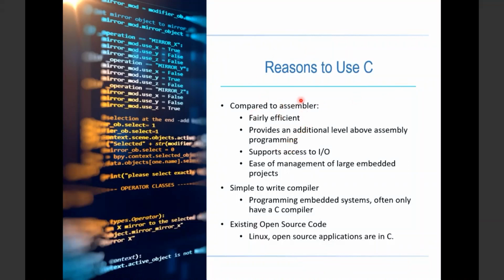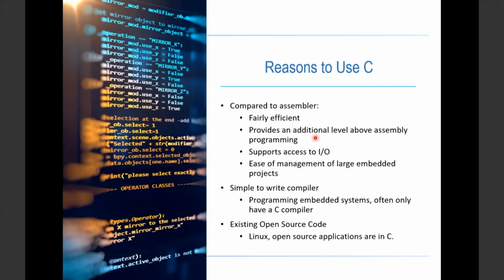Compared to assembler, it's fairly efficient, more efficient compared to assembler. It provides an additional level above assembly language because it's a high-level language, so it's easy to use and easy to understand.